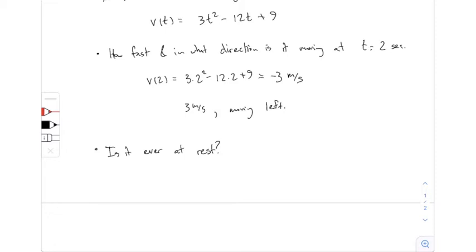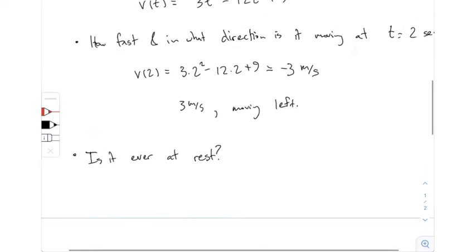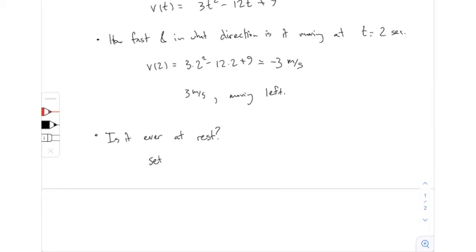Set the velocity equal to 0. Thank you. We're going to set the velocity equal to 0. And then I guess I'll solve for t. This will tell me at what time. This is more specific than the question I was asking, but if I can solve for t, that would tell me at what time the object has velocity 0.